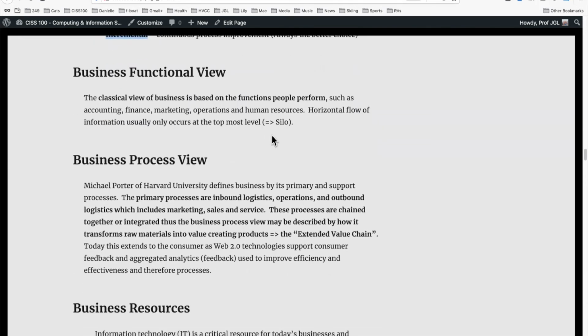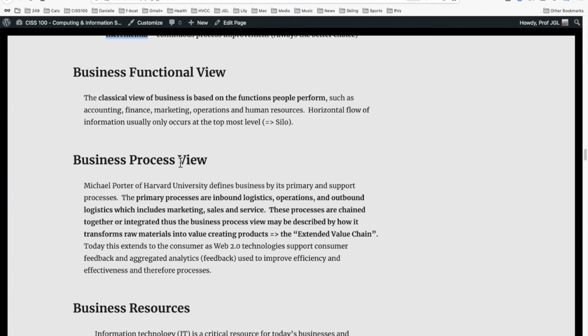Getting into some other aspects of information systems analysis and design. And again, what I'm presenting here is not in the textbook, and it's critically important. One of the things you have to observe when you're working in this is the organizational culture. And this came out of Harvard Business School: there are two perspectives, the business functional view and the business process view.